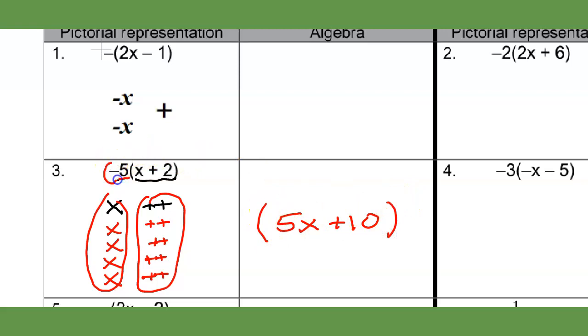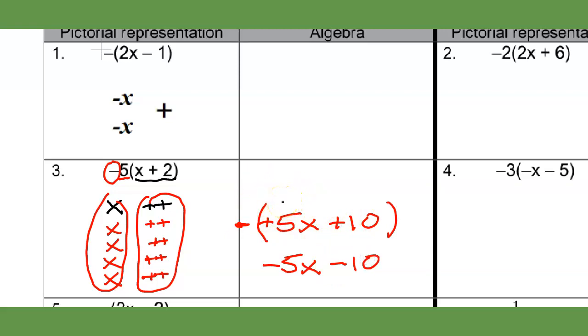But I still have to take the opposite. That means flip everything over. If we had the tiles, this is where we'd be flipping them over from like green to red and red to green. So here we're going to just flip them over. So if I have a positive x, I'm going to flip it over, get a negative 5x. If I have a positive 10, I'm going to flip all 10 over and get a negative 10.